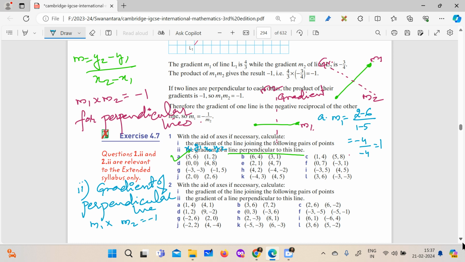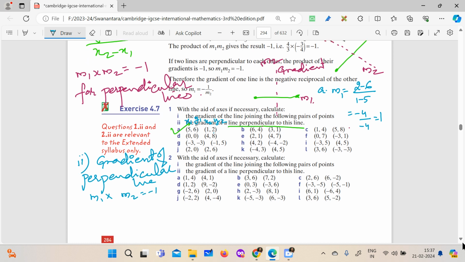Your m1 is already 1. Tell me what is your m2 now? It's minus 1, right? So the gradient of the line perpendicular to this line is minus 1. Is this clear to you?